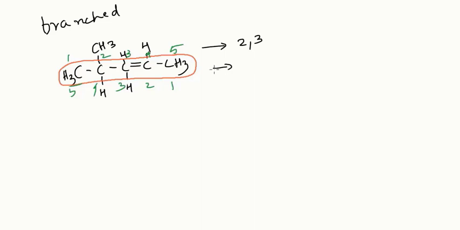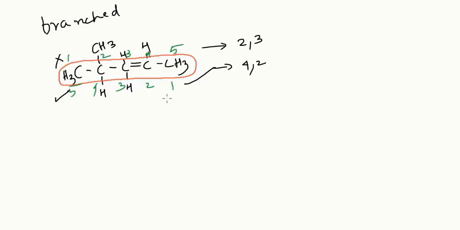But in the second part, the double bond is getting number 4 and the methyl group is getting the number 2. So because here the methyl group is getting a lesser number as compared to this one, you would be selecting this numbering system rather than this.